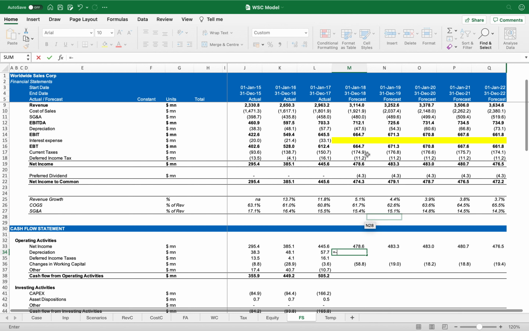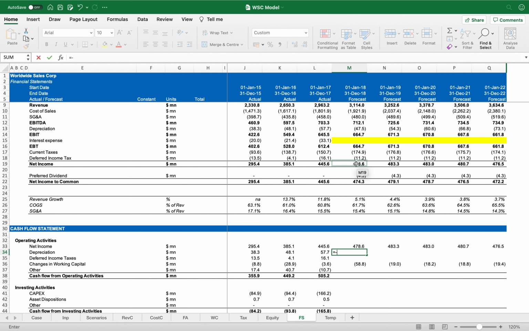Now, I need to add the depreciation back. Why do I add back depreciation in my cash flow statement? I hope you are absolutely clear with this concept. Yes, it is a non-cash expense. So while arriving at this net income, I have already subtracted depreciation. Now, since it is non-cash, I need to exclude this effect from my cash flow statement.